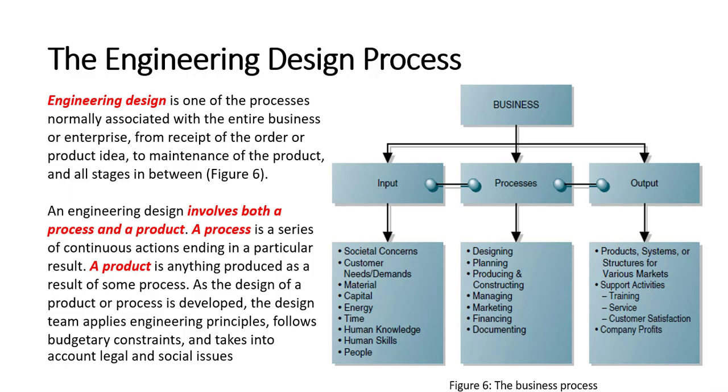A product is anything produced as a result of some process. As the design of a product or process is developed, the design team applies engineering principles, follows budgetary constraints, and takes into account legal and social issues.